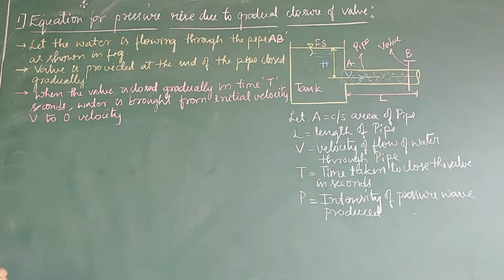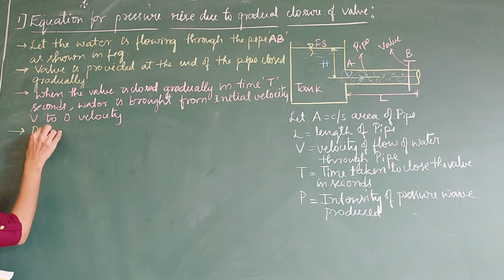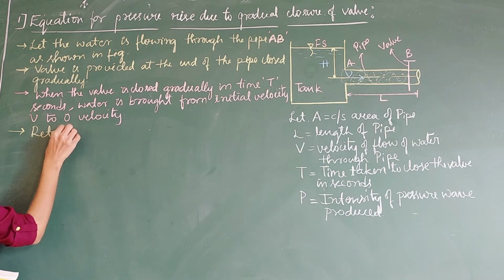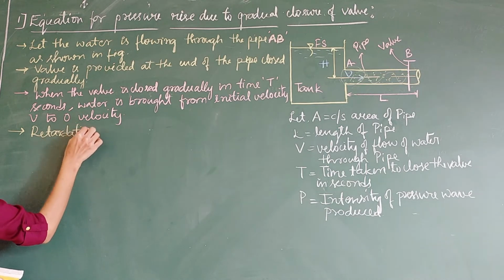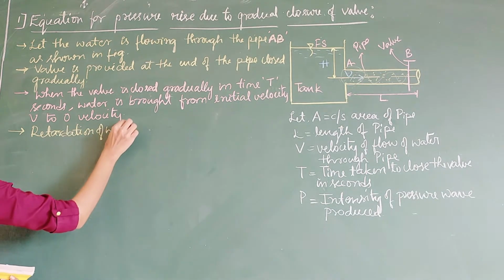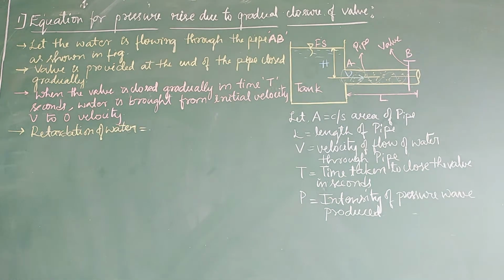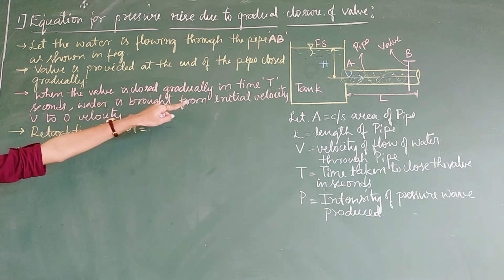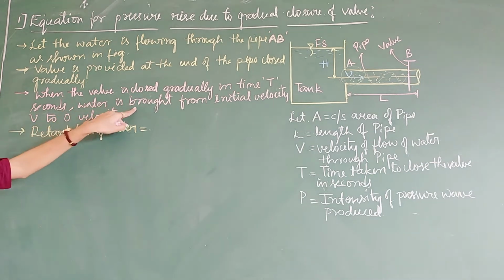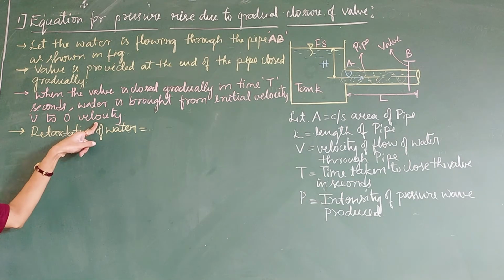Due to that, retardation is going to occur. So what is the retardation of water? When the valve is closed gradually in time t seconds, the water is brought from initial velocity to zero velocity.